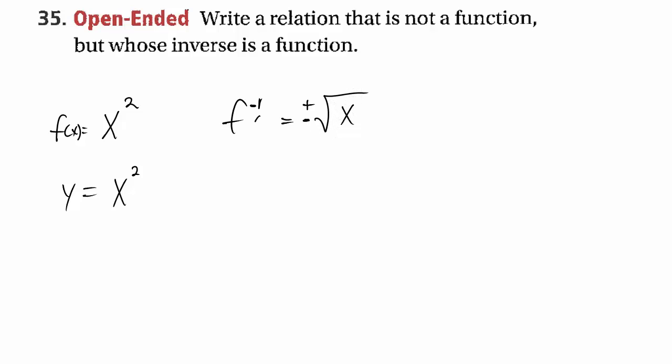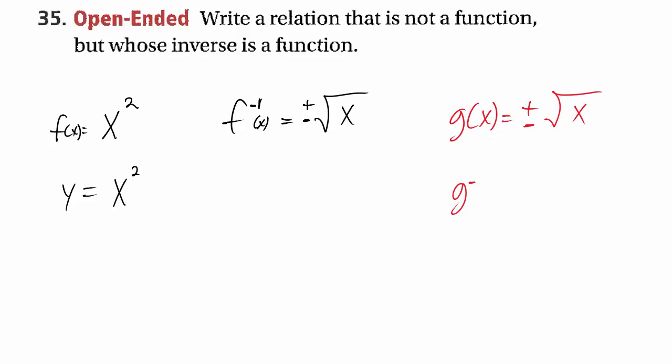So if I want to give a relation that is not a function, but whose inverse is a function, I could choose this. I'm going to adjust the notation a bit. Since I know that this function has this inverse, let's call the function g of x, equal to plus or minus square root of x.